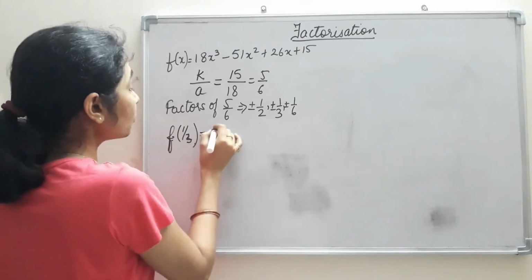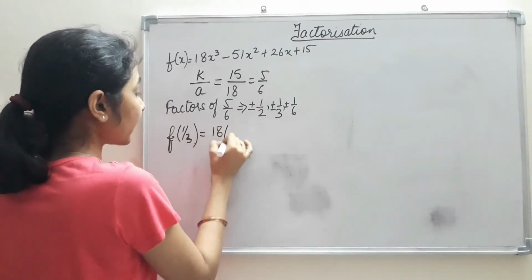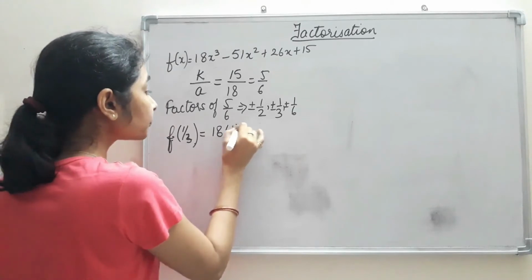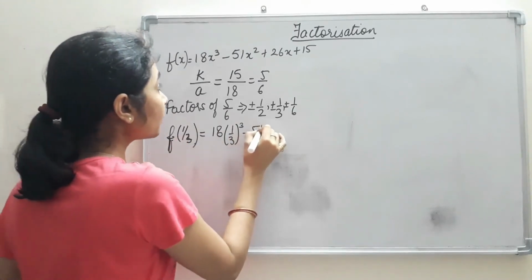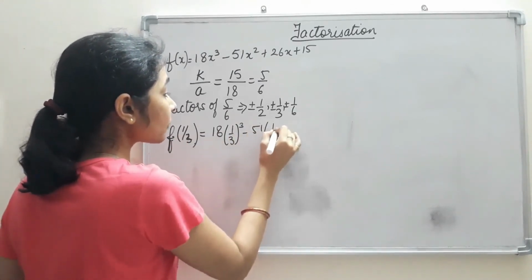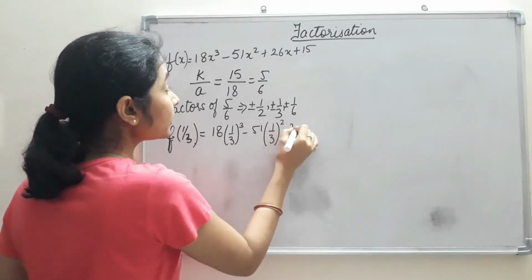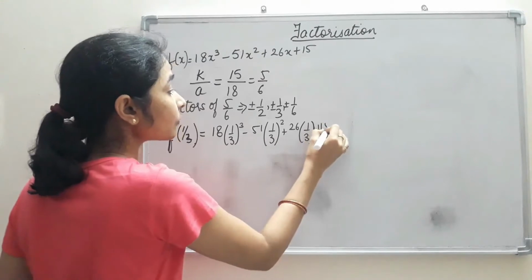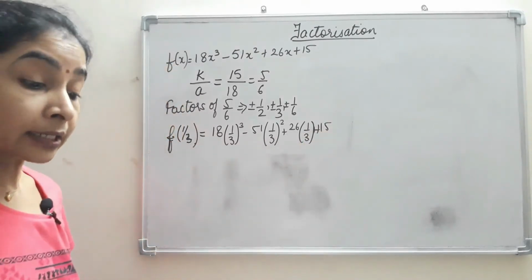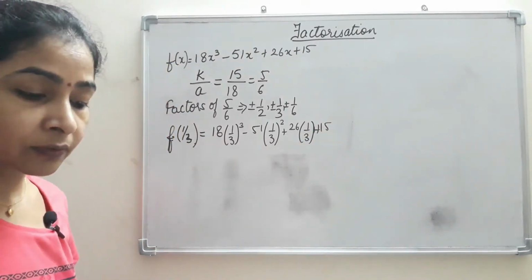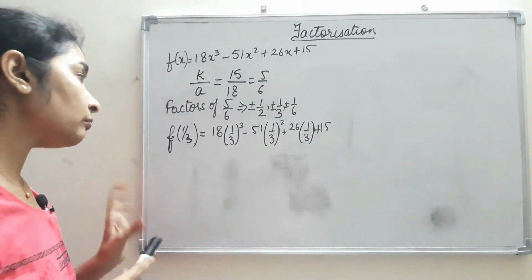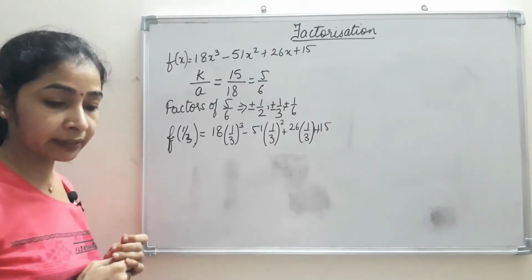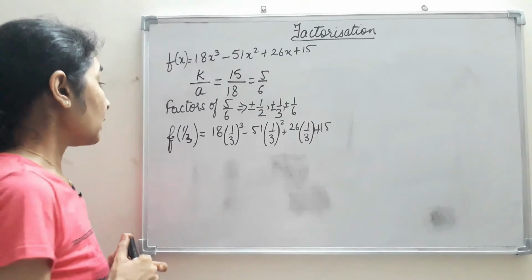So it is equal to 18 (1/3)^3 minus 51 (1/3)^2 plus 26 (1/3) plus 15. Now if this comes as equal to 0, then 1 upon 3 is the factor. Okay, now let us see.